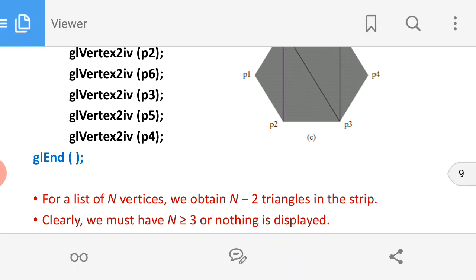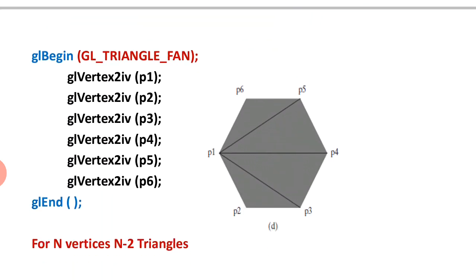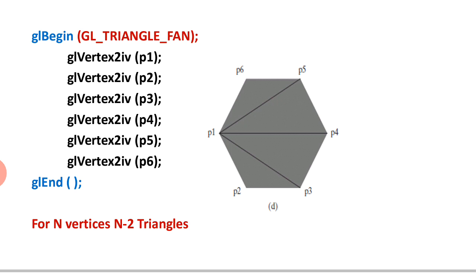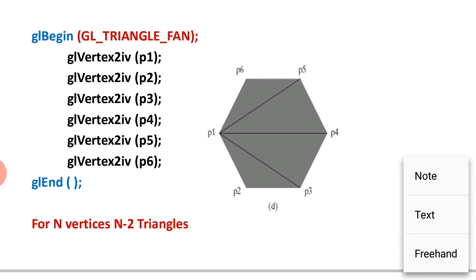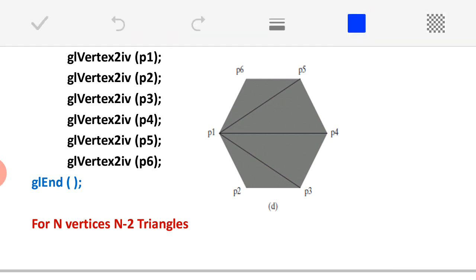Now we will move on to the next symbolic constant, GL_TRIANGLE_FAN. See here, it will also create triangles, but it will make a fan. It will keep creating successive triangles, which is called a fan. Let us see how it works.